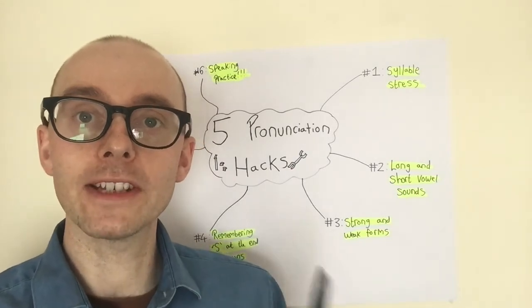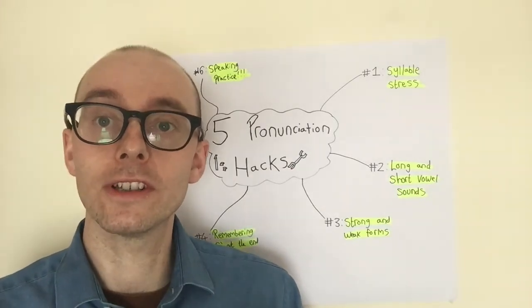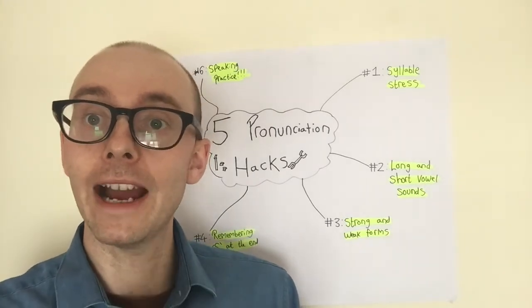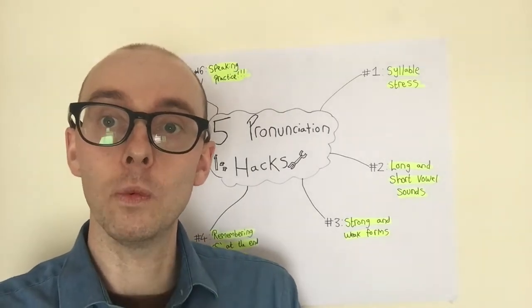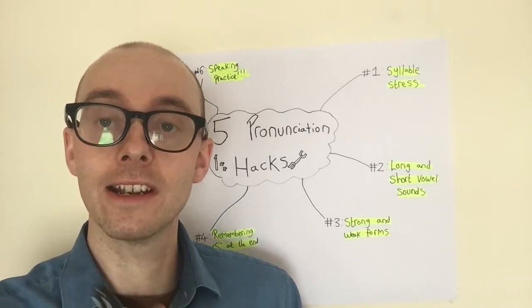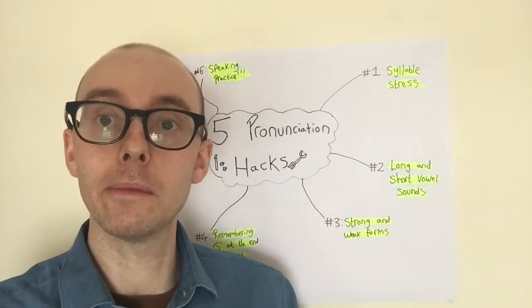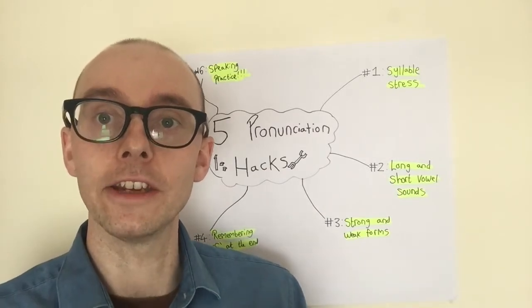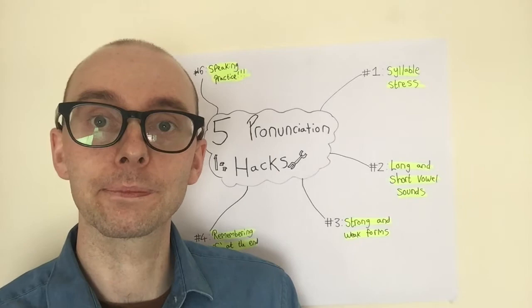So our first pronunciation hack is to pay more attention to syllable stress, and every time you learn a new word, you want to write down how many syllables it has and which syllable has the stress. Then you want to stand in front of a mirror and practice saying those words with the correct stress, just so you can get used to pronouncing it correctly.